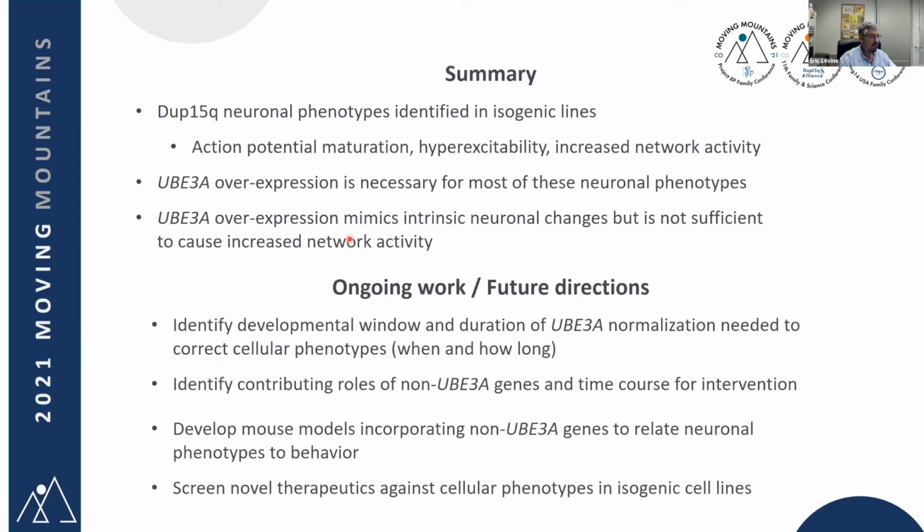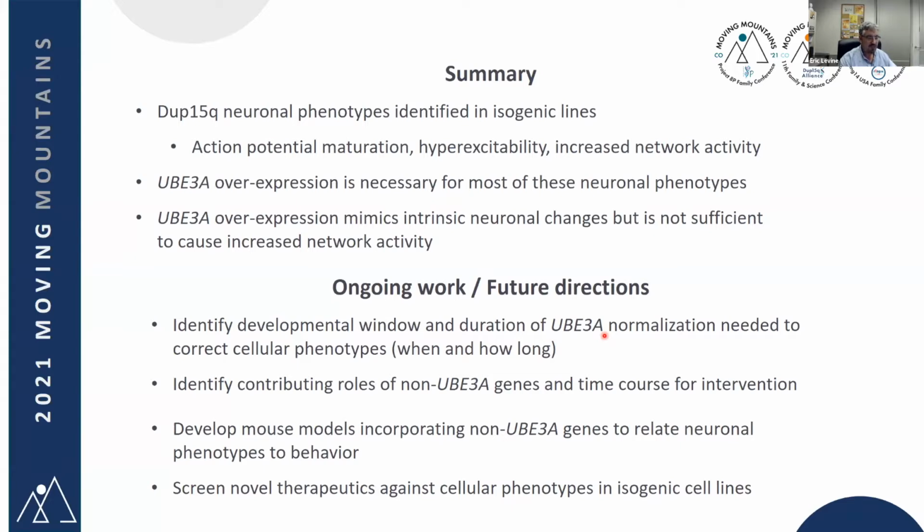So in terms of ongoing work and future directions, one of the things we want to do now is with the UBE3A ASO, we showed that if you prevented any increase in UBE3A expression in those neurons, it prevented the phenotypes. But what we'd like to do for optimizing potential therapeutic interventions is to identify basically when and how long we need to normalize UBE3A in order to correct the cellular phenotypes.